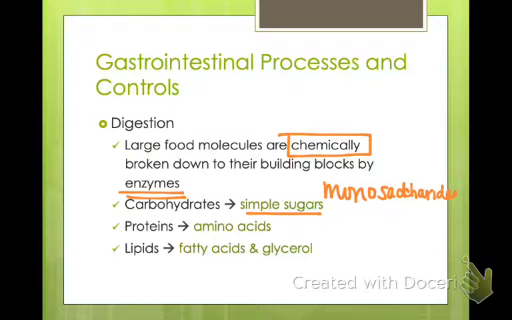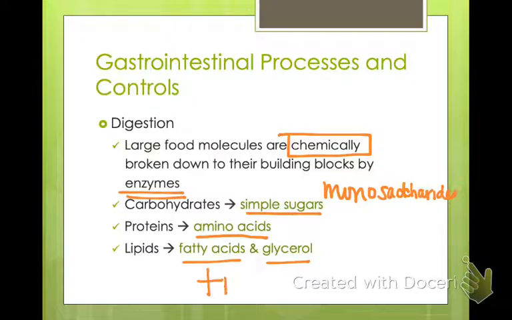And proteins, remember, are long chains of amino acids, so when they get broken down, they'll get broken down into all of those smaller amino acids. And lipids will get broken down into fatty acids and glycerol.